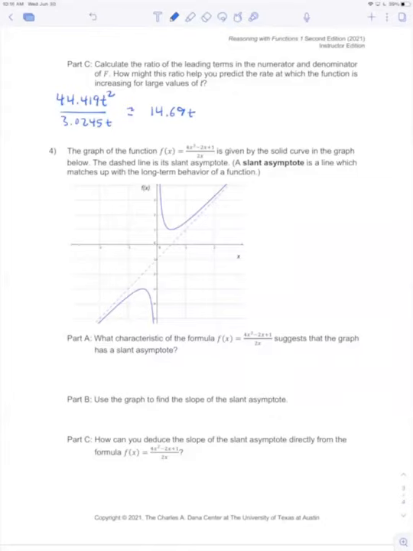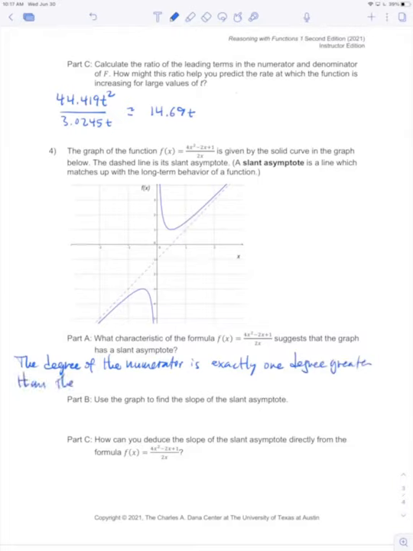Well, we would look at the degree of the numerator and the degree of the denominator. When the degree of the numerator is exactly 1 degree greater than the degree of the denominator, there's going to be a slant asymptote.